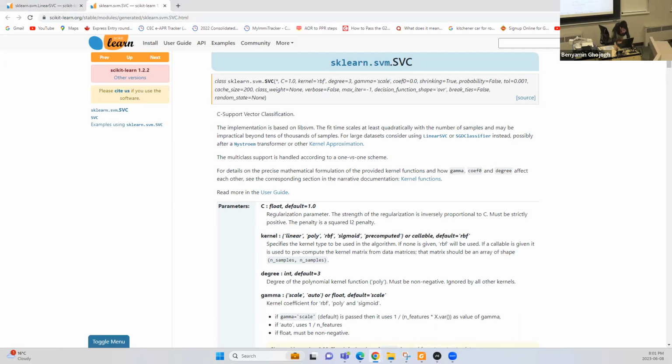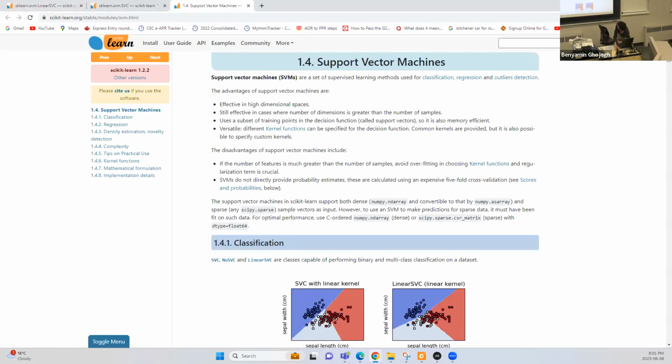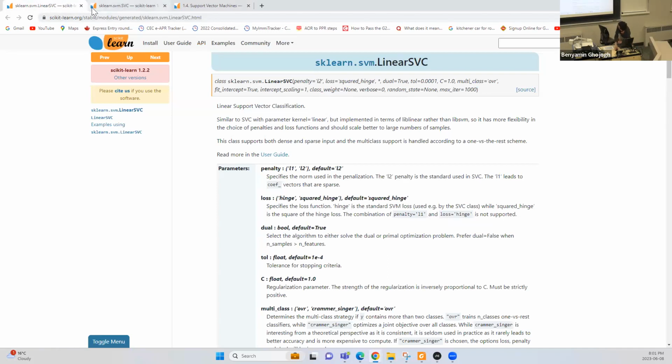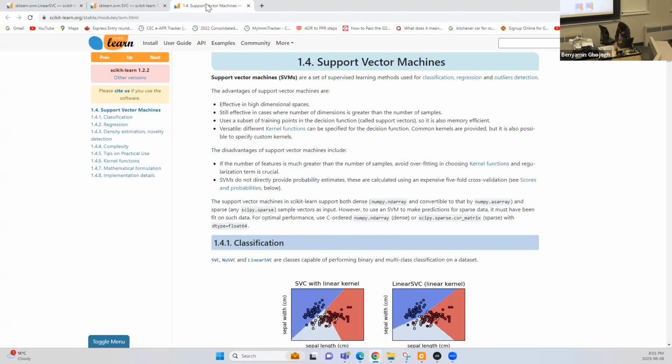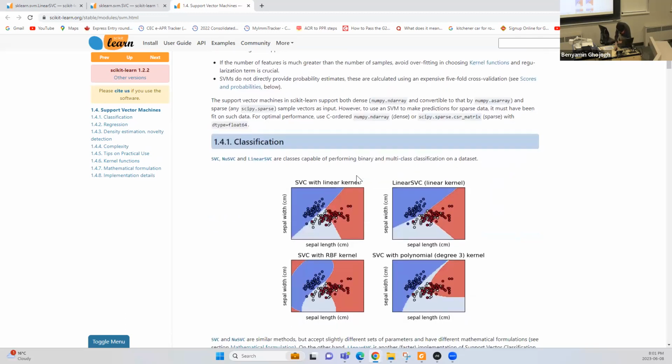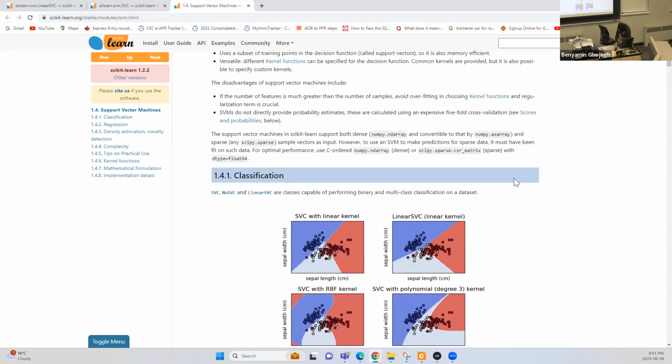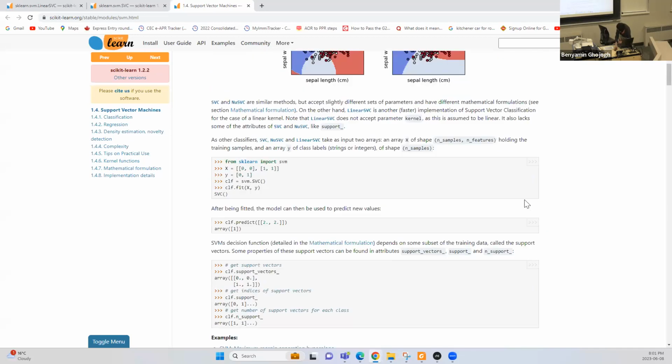Yes. Guys, these are important, so take a look at that. Here we have linear, we have linear SVC, we have SVC, and we have support vector. This is a tutorial page on SVM and kernel SVM in scikit-learn. Okay, you can take a look at that.